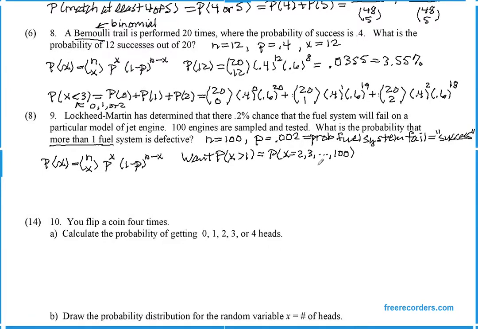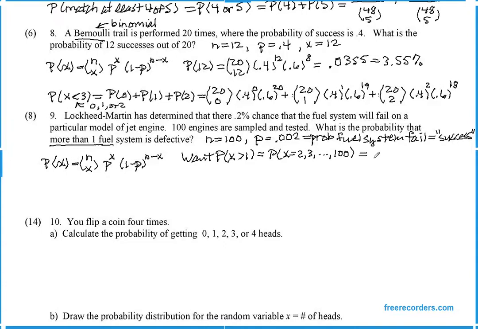And these are all joined up by ORs, so that's the addition rule for probability, so we'd have to do this formula 97 times here, 98 times, and then add them all up. Well, we don't want to do that. That's just crazy. So we're going to do the opposite probability.